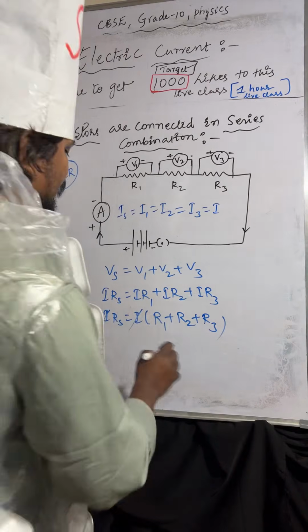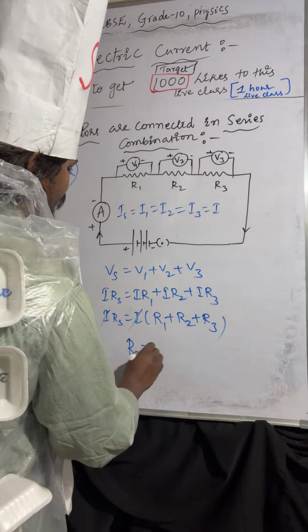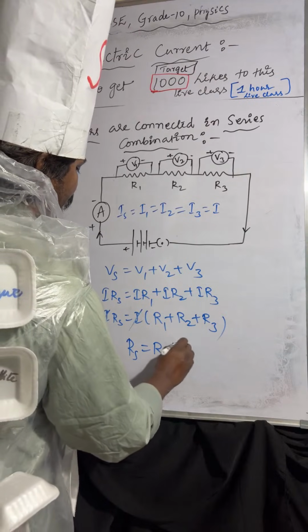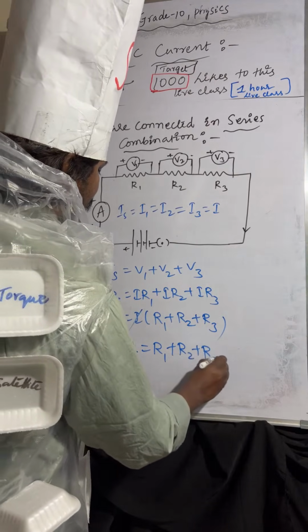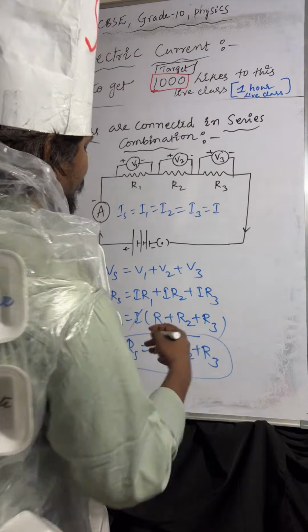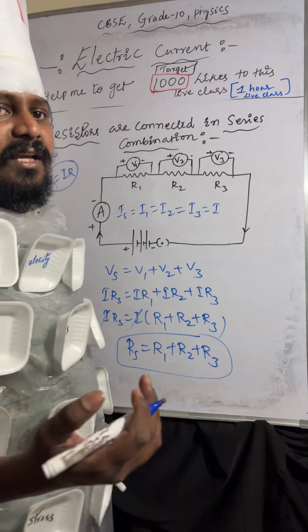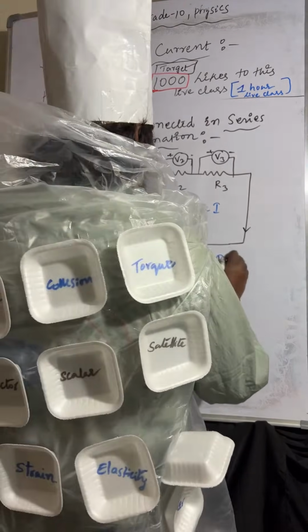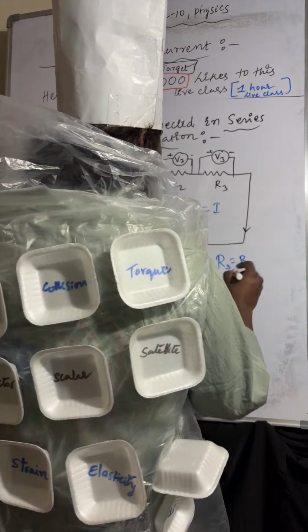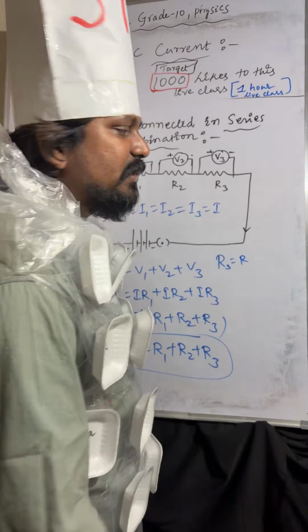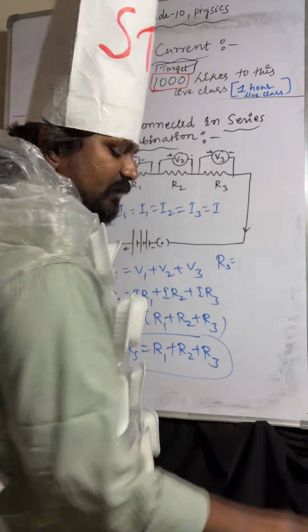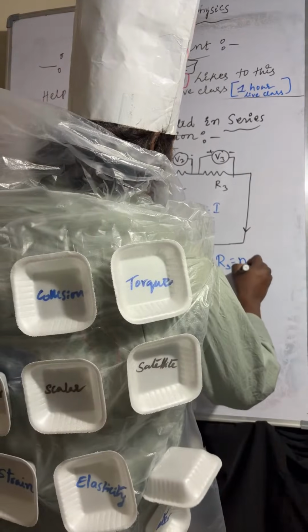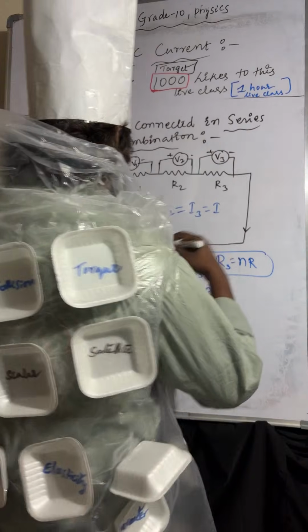The remaining values are, RS equal to R1 plus R2 plus R3. If n number of resistors, each of resistance R, are connected in series combination, RS equal to nR.